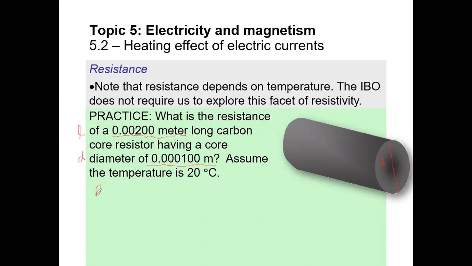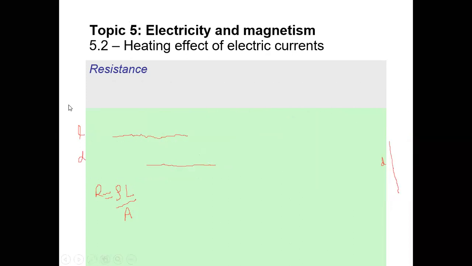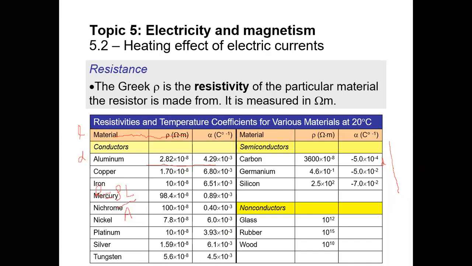As I told you, the formula for resistance, R equals rho L by A. So you need rho, that is the specific resistance of carbon, that you will get from the table. I will show you. See, the copper resistivity is there, 1.7 times 10 power minus 8.